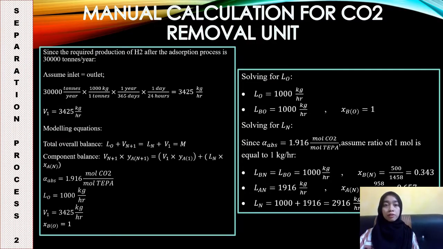In this case, we have used a few modeling equations such as total overall balance and also component balance. We have also assumed the solvent to be pure when entering the absorption column. Hence, basic calculations have been done to find the outlet stream of the solvent which contains the absorbed molecules.